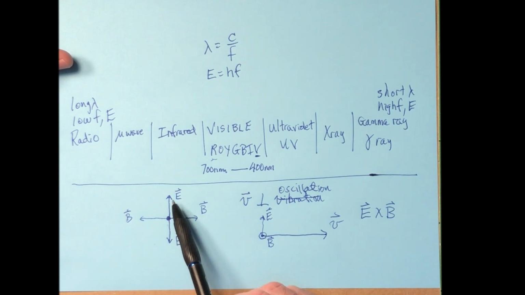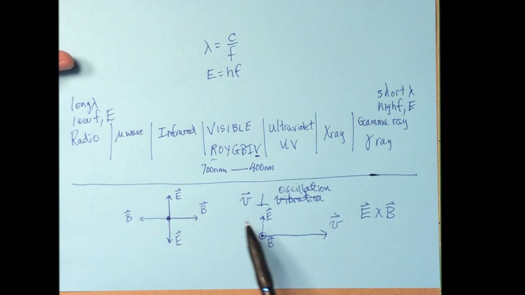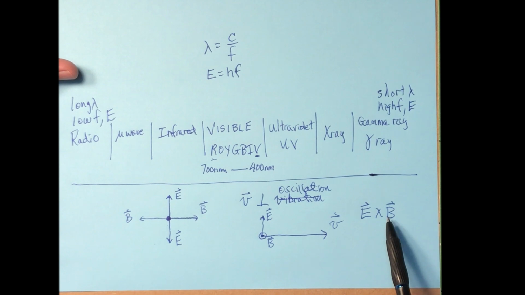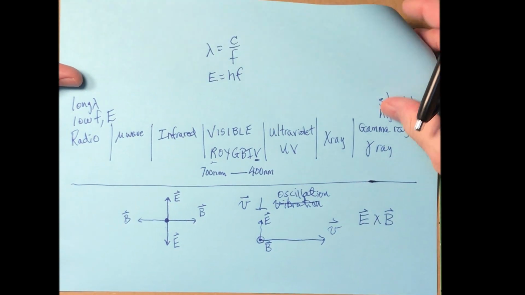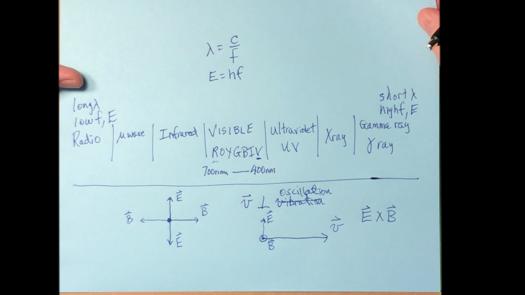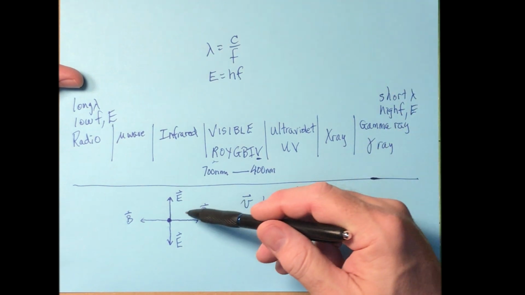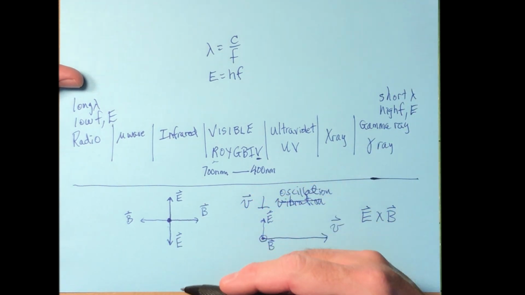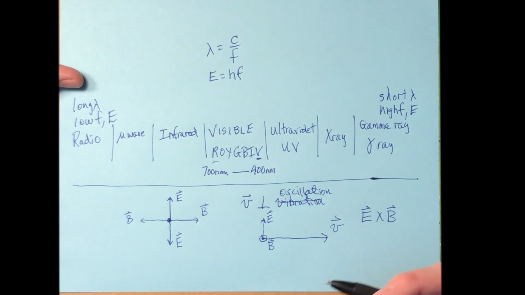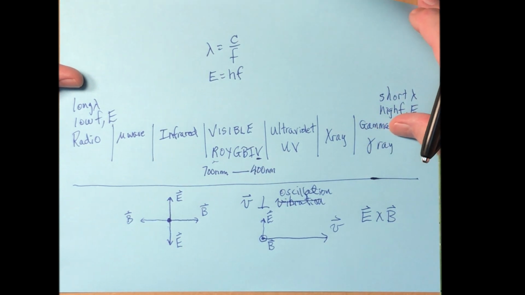The E field is always perpendicular to B, and E cross B gives you the direction of travel. Now, both E and B fields vary, and they vary sinusoidally. And that sinusoidal oscillation of the fields induces, via Faraday's law and via Maxwell's law, a perpendicular other field.